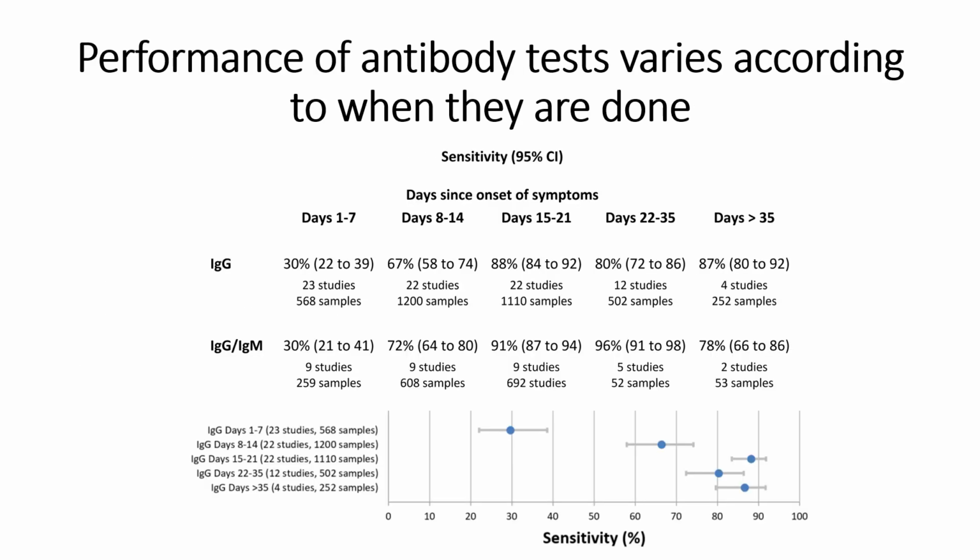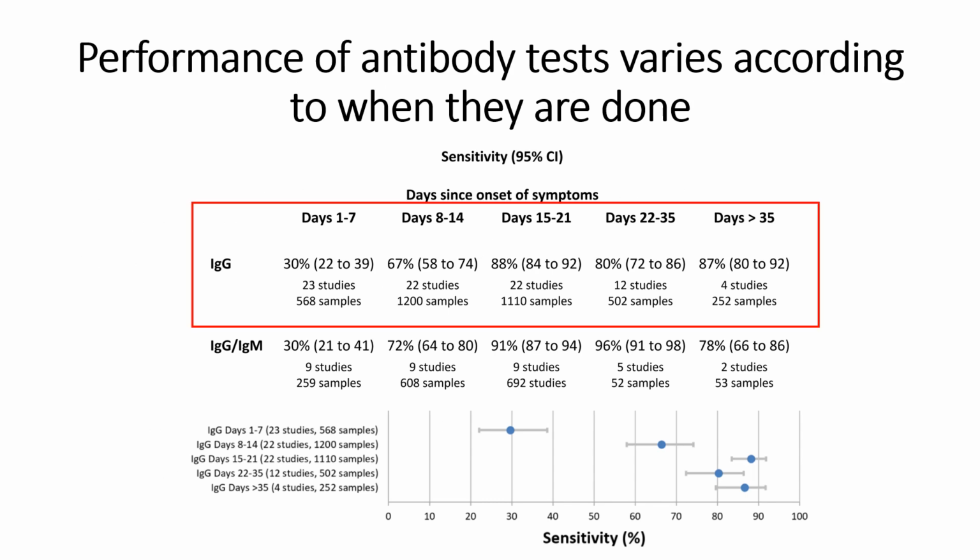And a couple of examples for antibody tests. This is data from our first systematic review of antibody tests. And we could see very clearly, this was published last summer, so it's quite old, that the sensitivity of the antibody test changed significantly according to the days since onset of symptoms. And this relates, of course, to that delay in the antibody response.